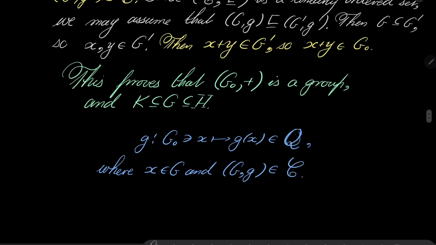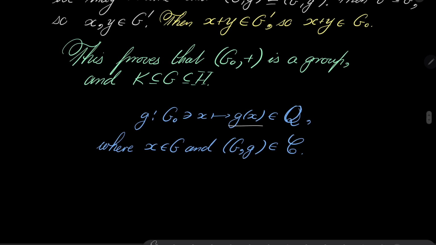The problem is there are multiple ways, because any element x can be in multiple elements of our chain. The problem that may arise is: is the value of this function the same for every G?